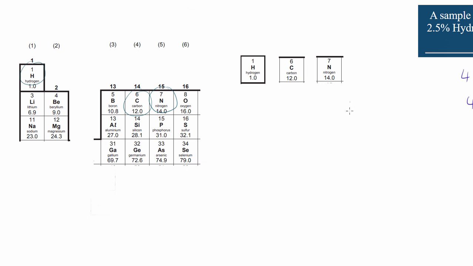So the molar mass of hydrogen is going to be 1. I'm just showing my working here, to show my thinking on paper. The molar mass of carbon is 12, and the molar mass of nitrogen is 14. All of those are in grams per mole.